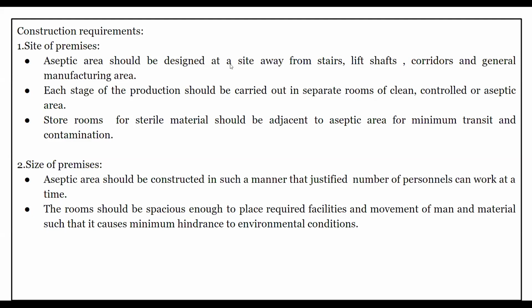So if the room is spacious and equipment is placed such that it causes minimum turbulence to the laminar flow, and minimum movement of personnel, because the equipment is logically placed in sequence with the progress of the procedure, then the internal environment will be controlled. For this you should have the required space, otherwise it will all result in jumbling of equipment, personnel and materials, and that will spoil the quality of the controlled air.